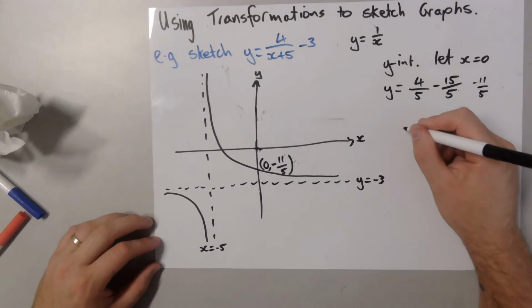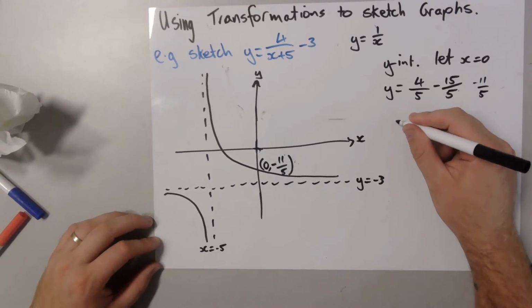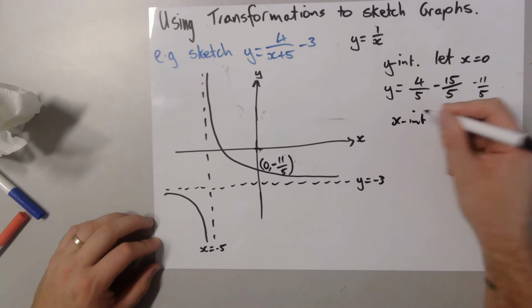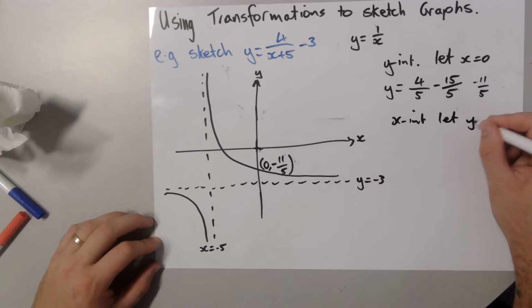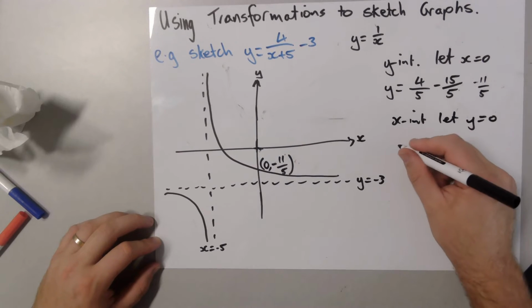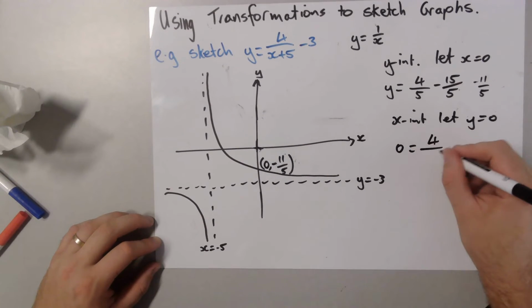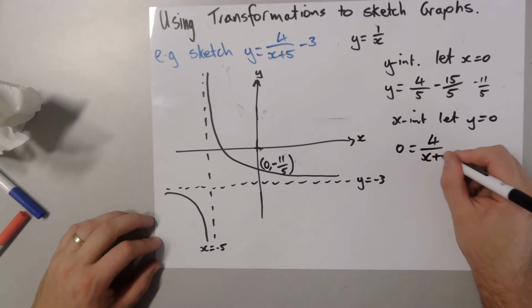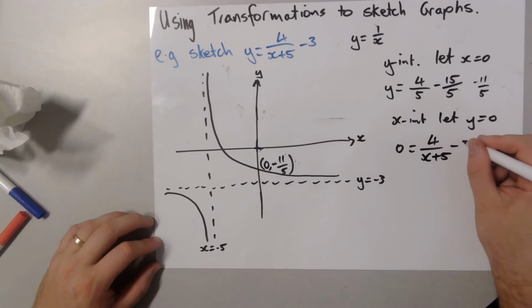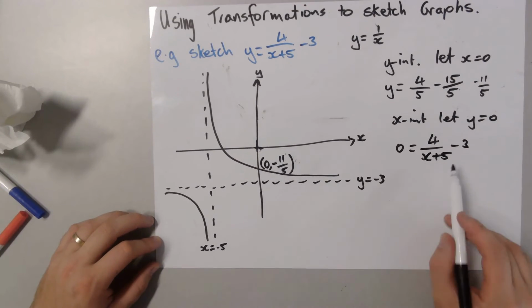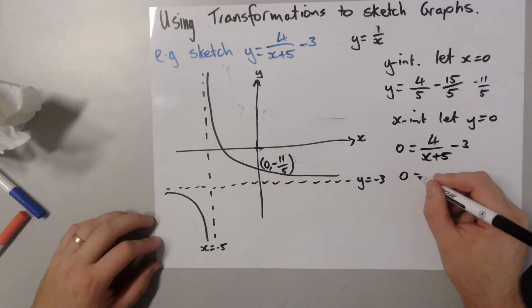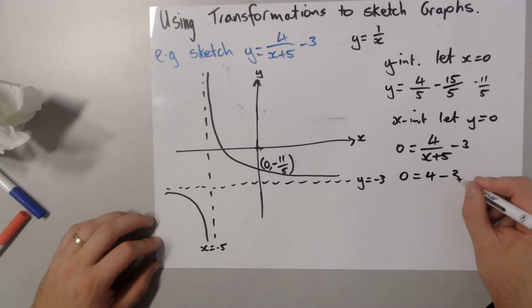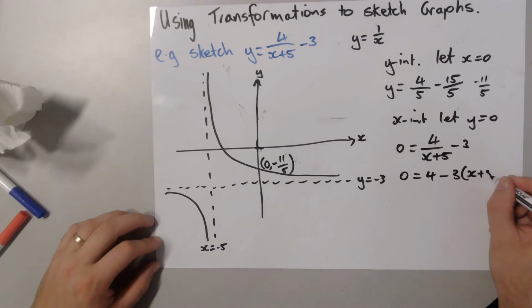Now our x-intercept: we let y equals 0. So we're going to say 0 equals 4 over x plus 5, minus 3. We need to multiply by x plus 5, so we get 0 equals 4 take 3 lots of x plus 5.